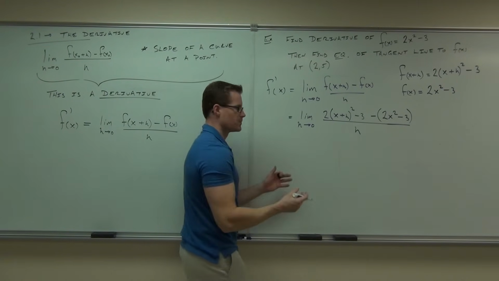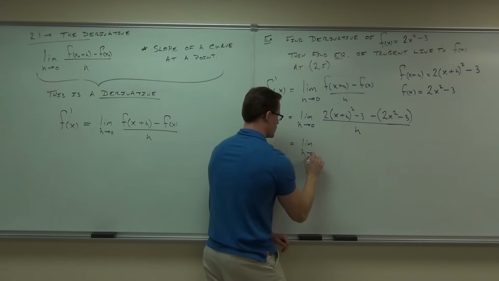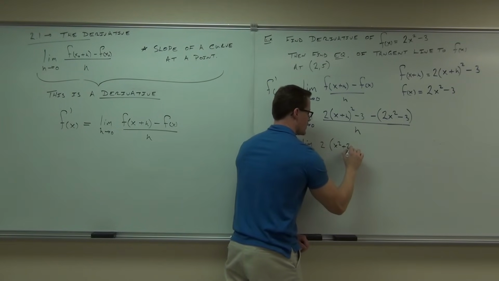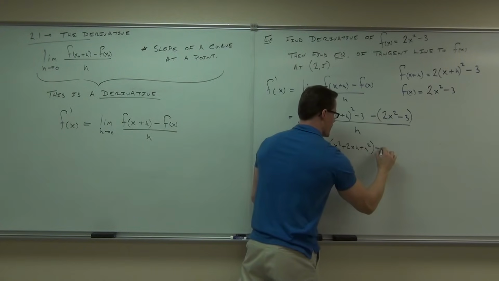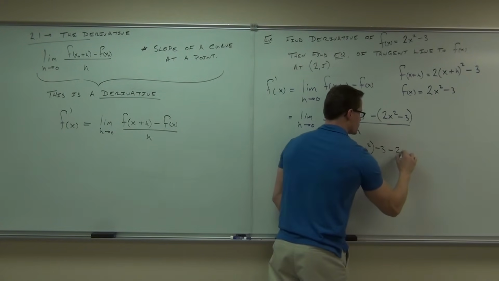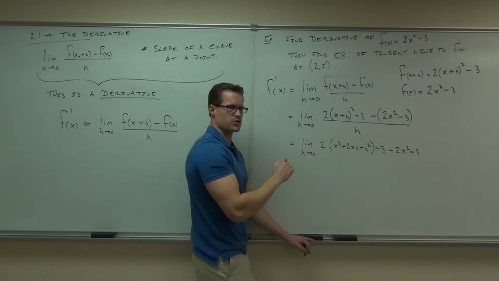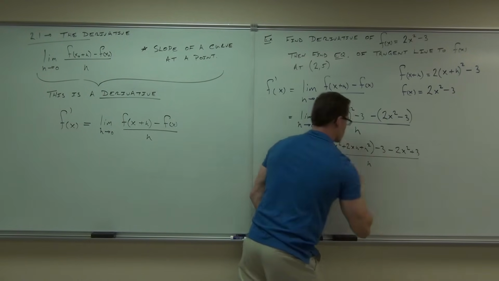We're going to distribute. We'll get 2 times (x plus h) squared, which is x squared plus 2xh plus h squared, minus 3 minus 2x squared plus 3. You see where the plus 3 is coming from? Just distributing that negative out there, that's going to give us that plus 3 all over h.